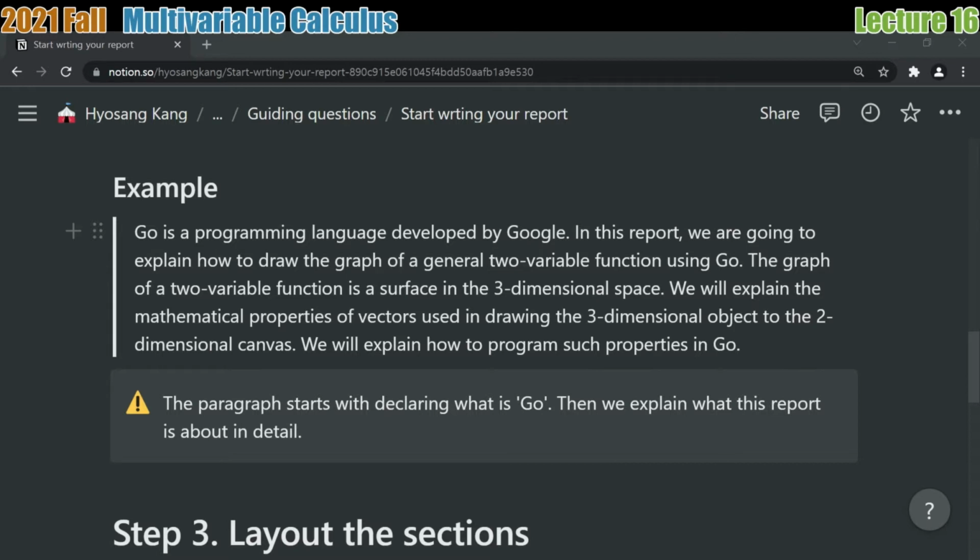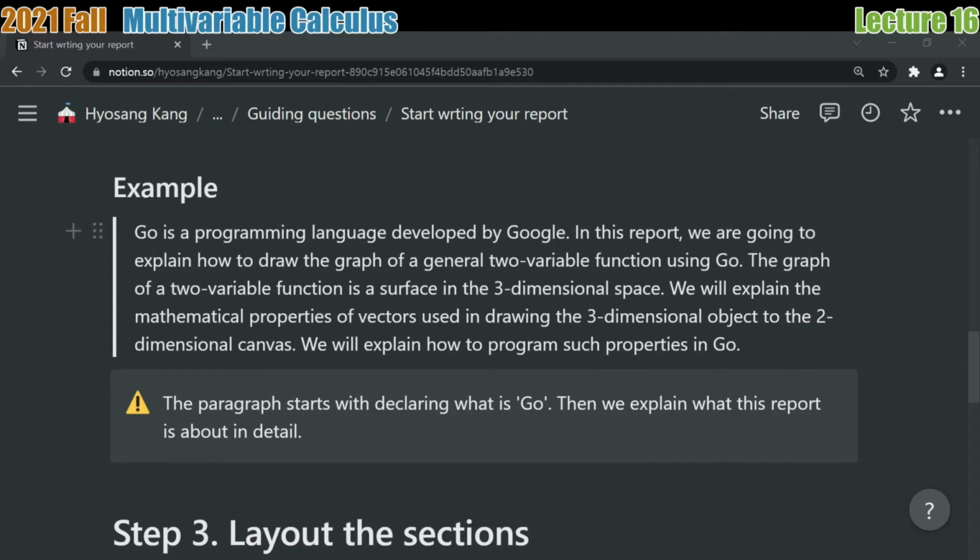So it somehow explains why I care about graphing the two variable function, because it uses mathematical concepts, right? So I'm going to explain that. That's my part of a goal. The goal is drawing, but in the process of drawing, I'm going to explain what is used mathematically. So that's how the reader can benefit by reading this report.